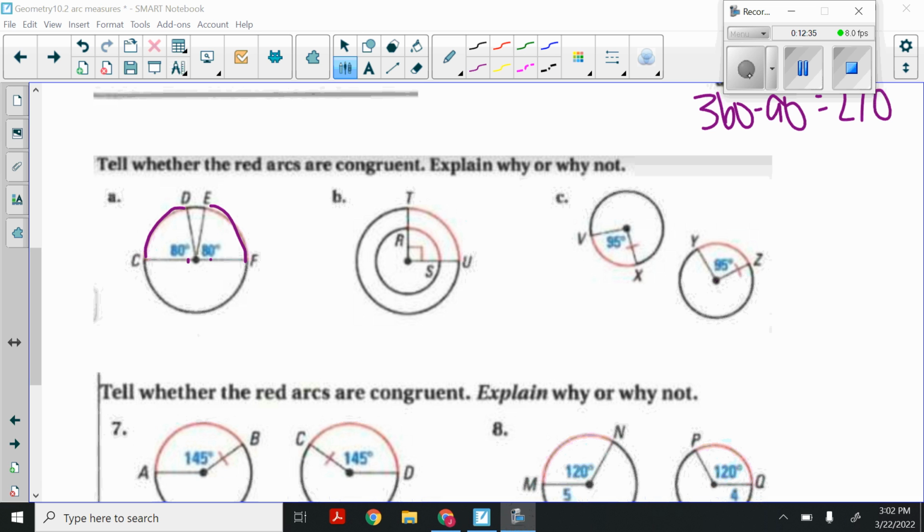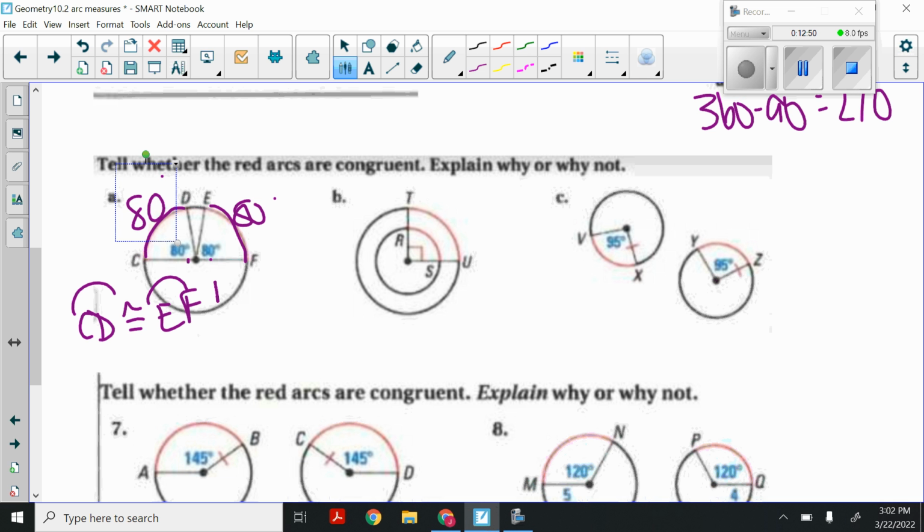These are both in the same circle, so obviously our circles are congruent. I have an 80 degree and an 80 degree, so this is going to give me 80 and this is 80. So I could say that arc CD is congruent to arc EF because in the same circle, the measure of arc CD equals the measure of arc EF.